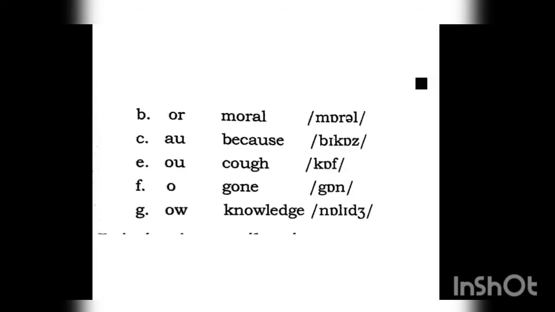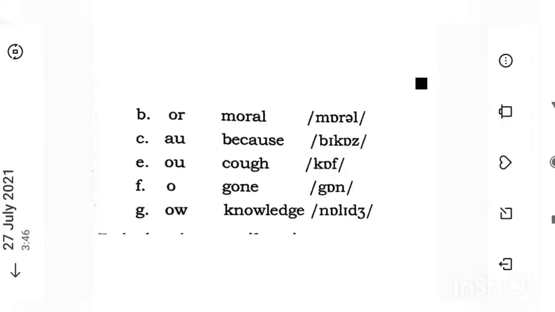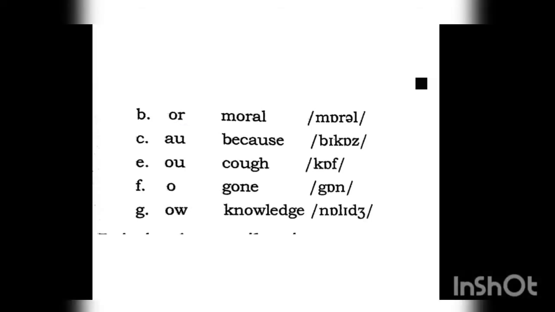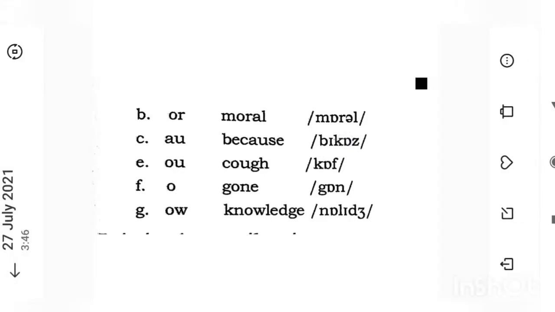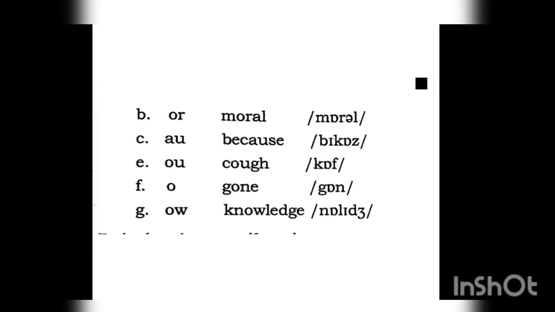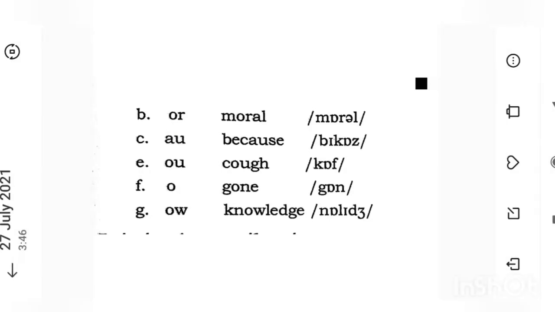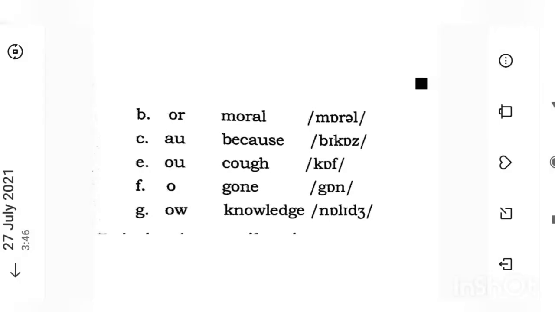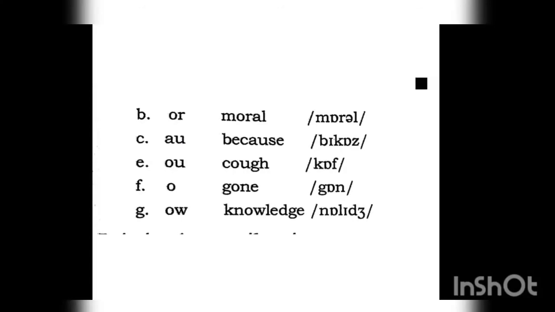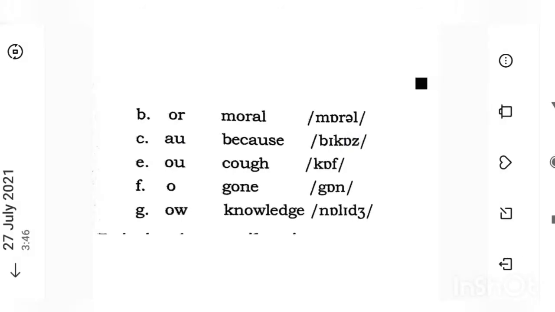So it is only O. It is O. Moral. Then in the word because, see here the vowel occurs, and the letters A and U stand for the vowel sound o, because.